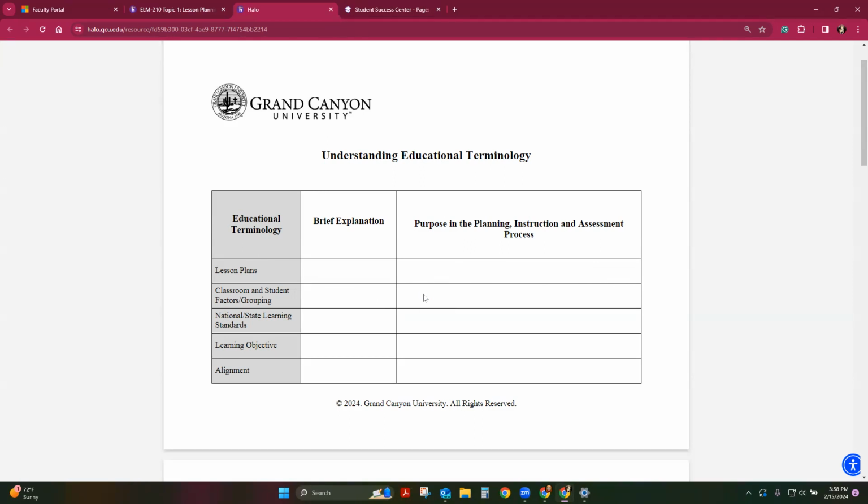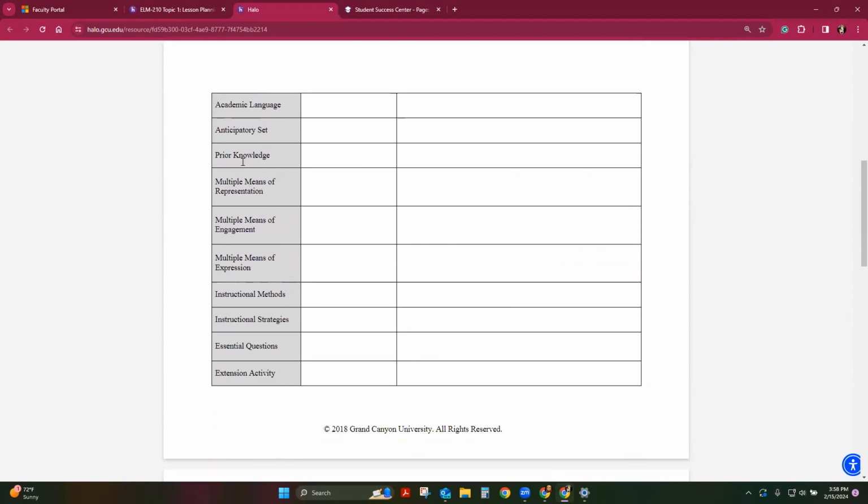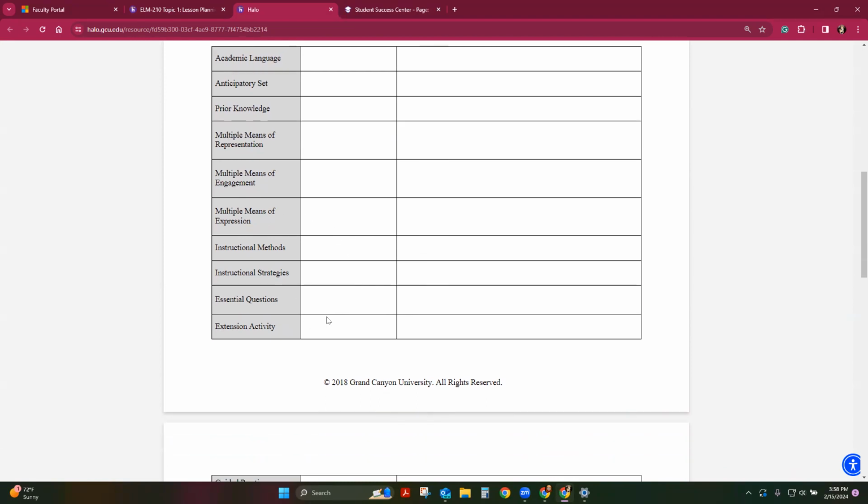This assignment has 2 parts. After you get through each of those terms, many you will find in the book, some you will not find in the book. For example, these 3, the multiple means of expression, engagement, and representation, those are on our lesson plan template that you'll be using in part 2.